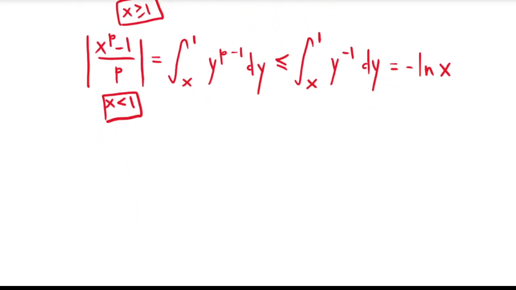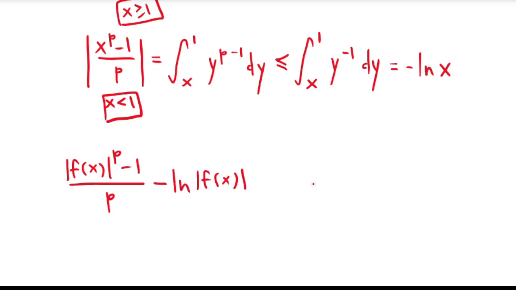So those are your two cases. So what you can say about the function, you have absolute f of x to the p minus 1 over p minus ln absolute f of x. And so this is really bounded above by one of two things depending on how large absolute f of x is.